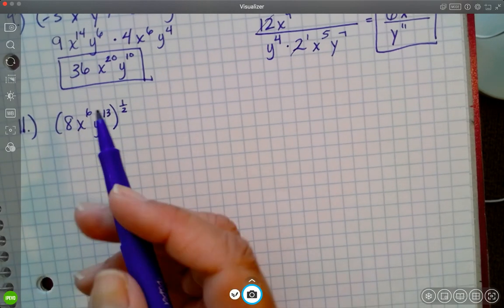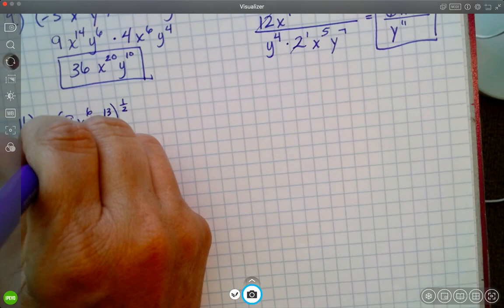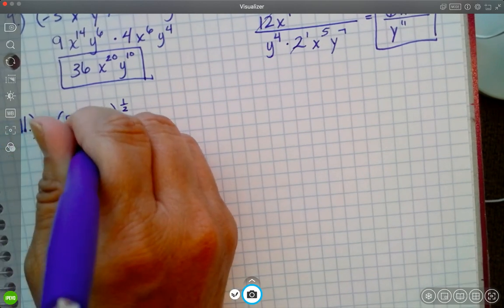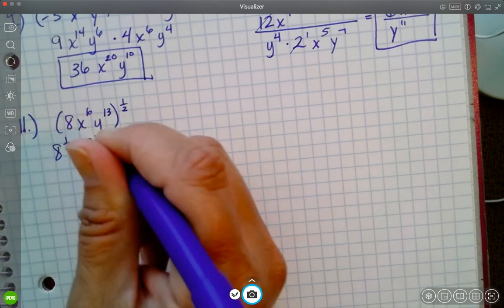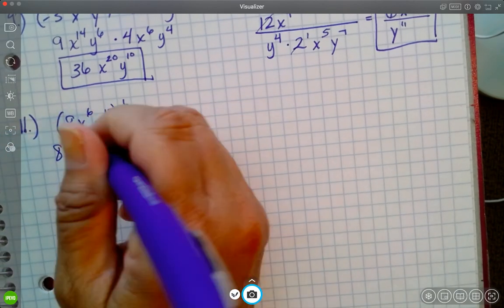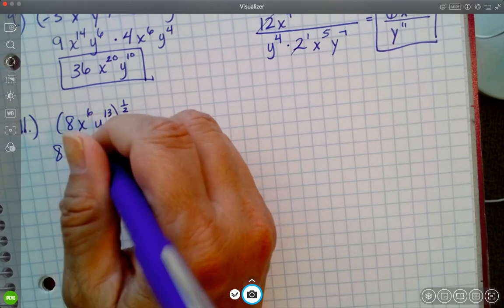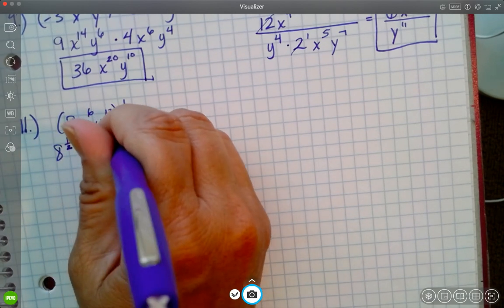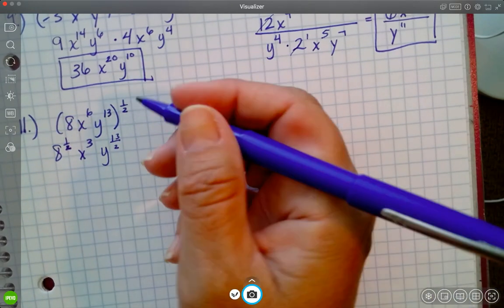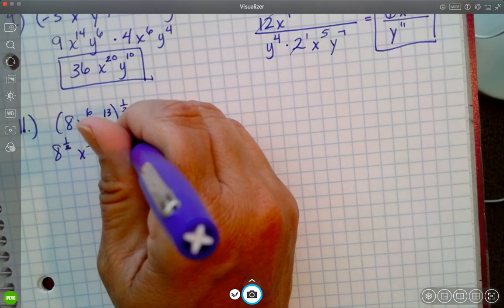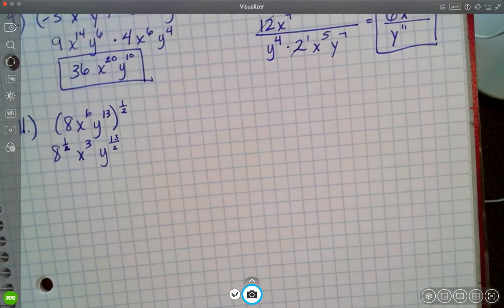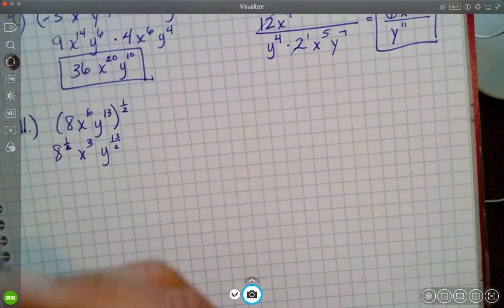So this is basically 8 to the 1/2, x to the 3, right? Because you multiply powers by powers. And then it gets a little tricky when you have y to the 13 over 2, right? So I would just change these. Sometimes it's helpful to have an exponential form, sometimes it's helpful to have it in radical form. I think in this case, it's helpful to have it in radical form.